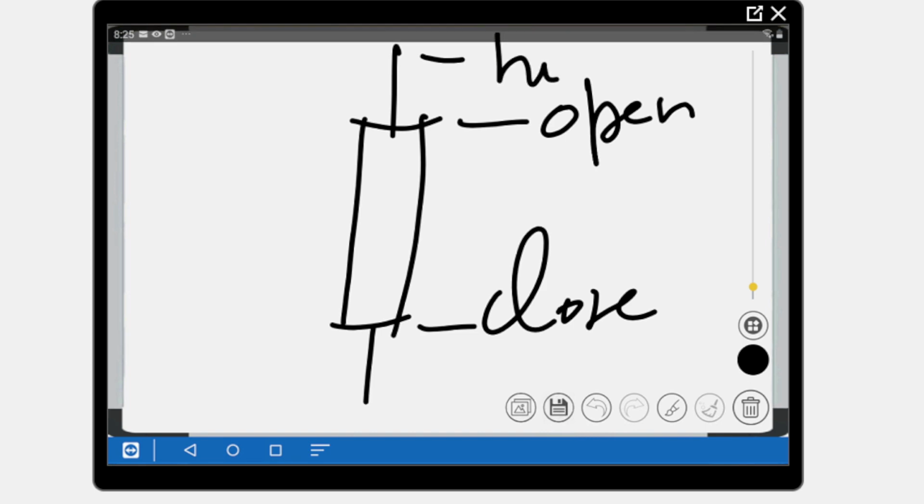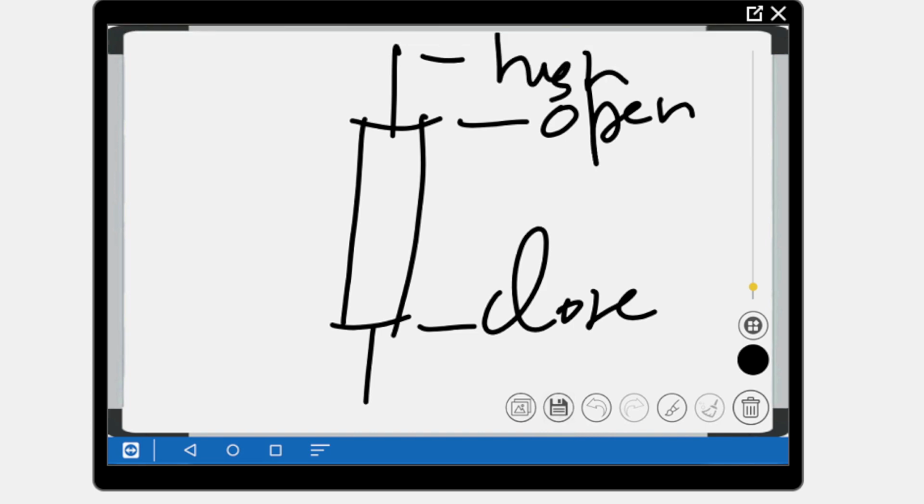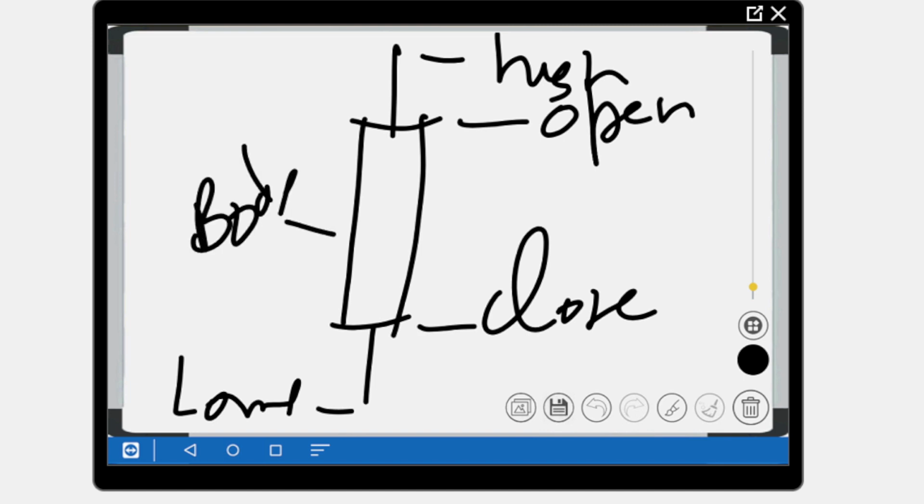This is the high, this is the low, and this is the body. So the difference between the bullish and the bearish candlestick is the open and the closing. Now during that period of time, what was price doing? Price was going down. This is a bearish candlestick.